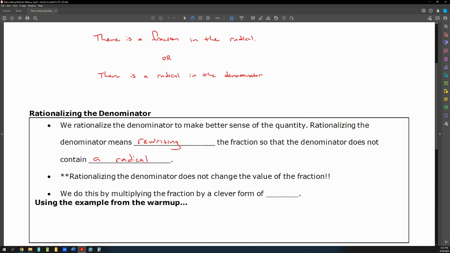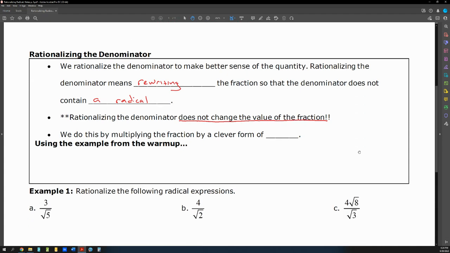Note that rationalizing the denominator does not change the value of the fraction. So the only thing that we can multiply a term by that doesn't change the value is the multiplicative identity, which is 1.